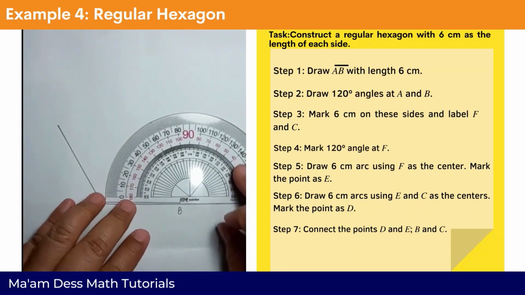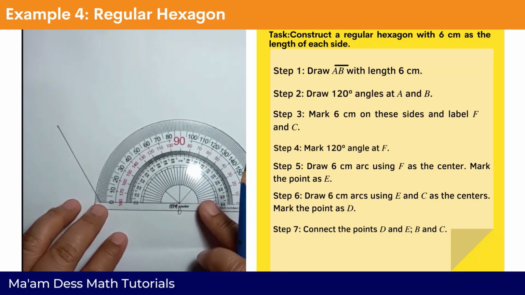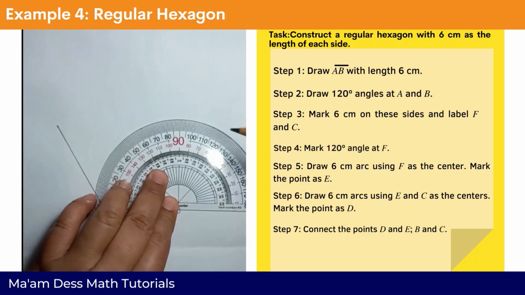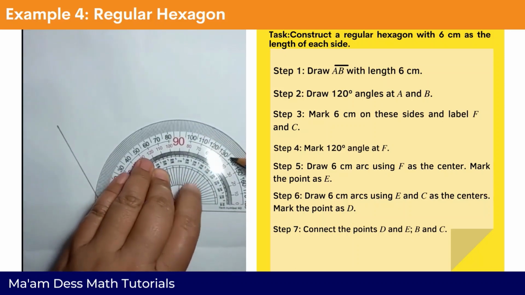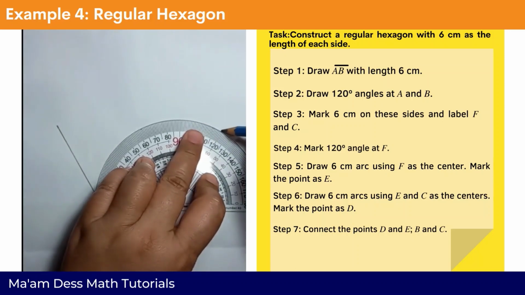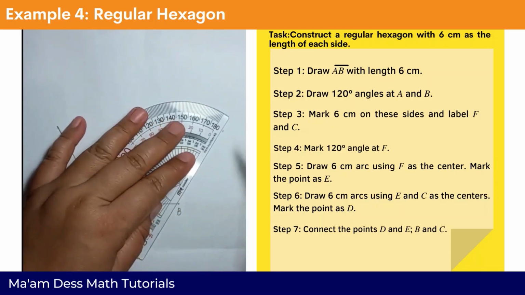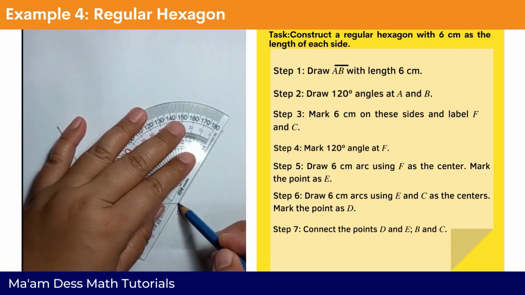Same with point B. To draw the other side, locate the 120. Then draw again the side.